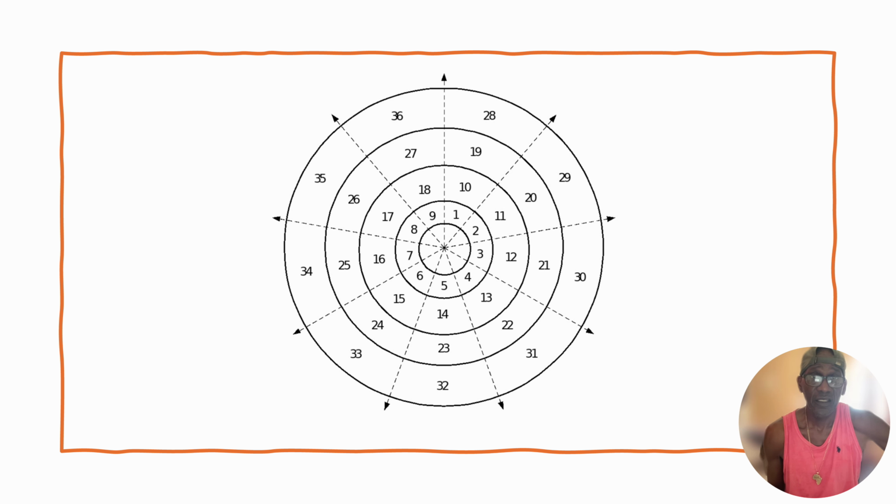The month is 1 plus 2, which is reduced to 3. The year is 1 plus 9 plus 8 plus 5, which is reduced to 23. And further reduced, 2 plus 3 will give you 5. Yes?